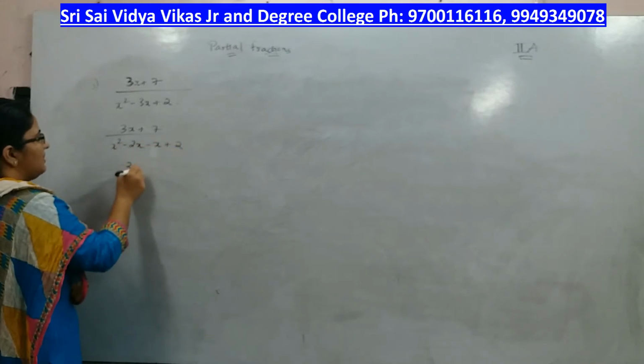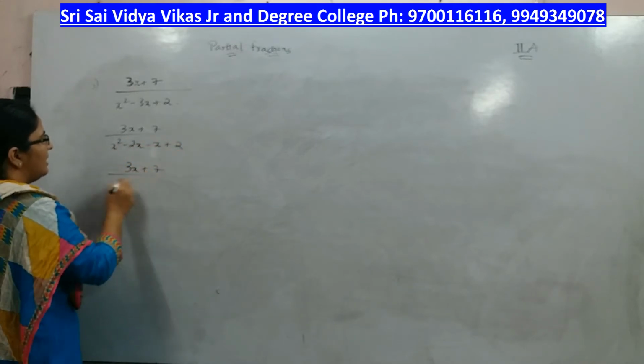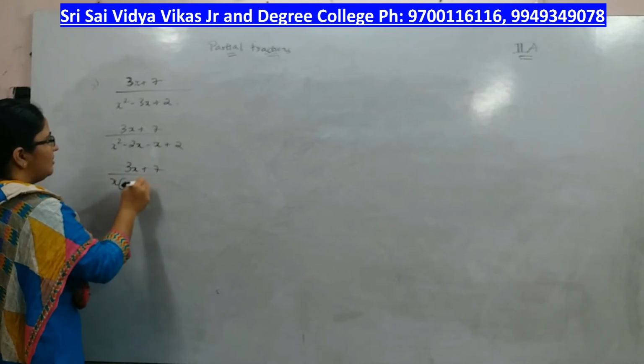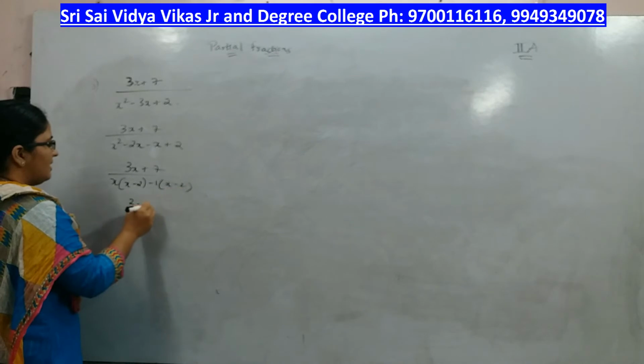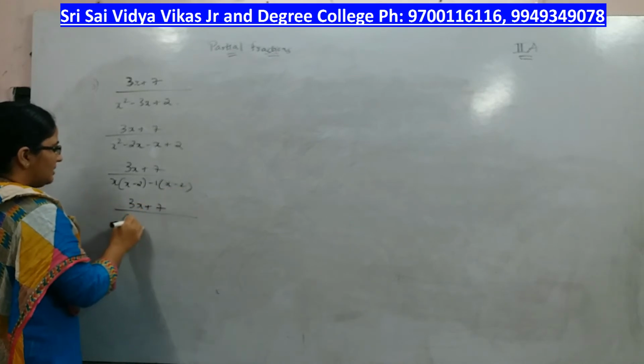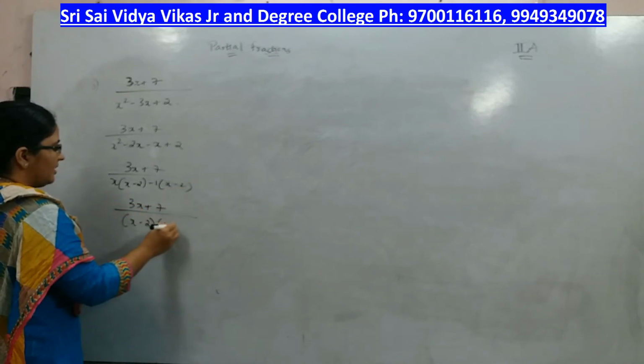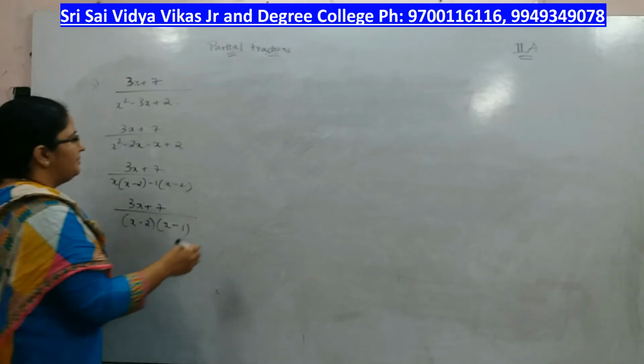So 3x plus 7 by x into x minus 2 minus 1 into x minus 2, 3x plus 7 by x minus 2 into x minus 1. This is what you get.